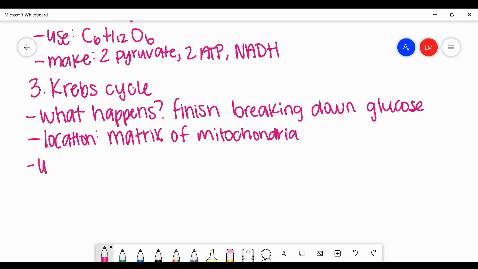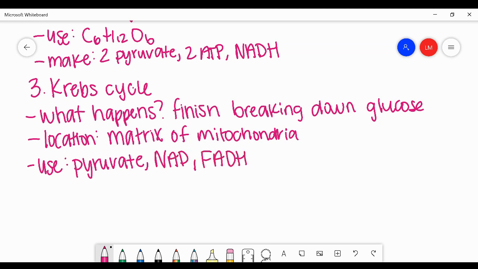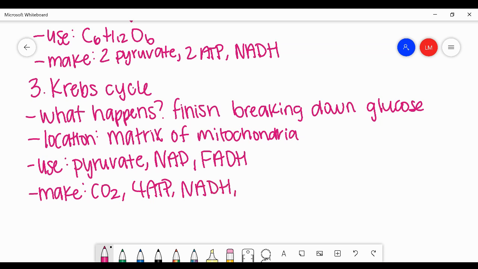We are going to use pyruvate, NAD, and FAD, and we are going to make CO2, which will be released, 4 ATP, NADH, and some FADH2.